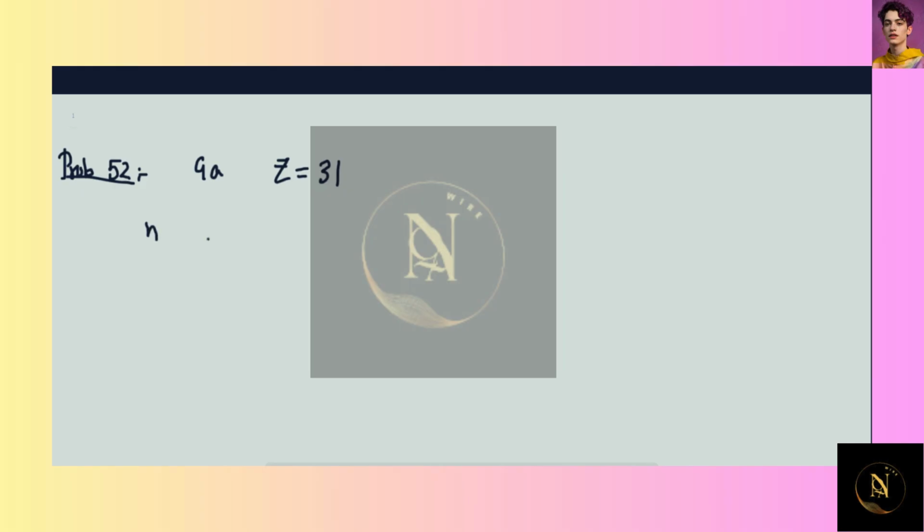So let's say we have n, l, ml, and ms. For any value of n, l can take values from 0 to n minus 1.